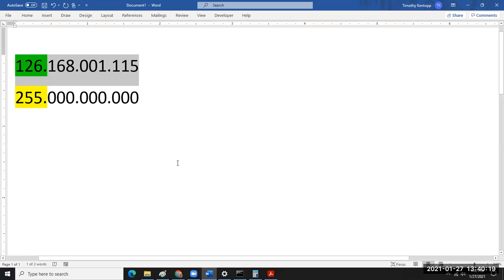Things can crash, right? Because anywhere else in the world, if somebody's using 126.168.1.115, if they're connected to the internet and the other one's connected to the internet, when they get close enough on that network equipment and the packets start getting confused, wait a minute, am I going to this one or this one?